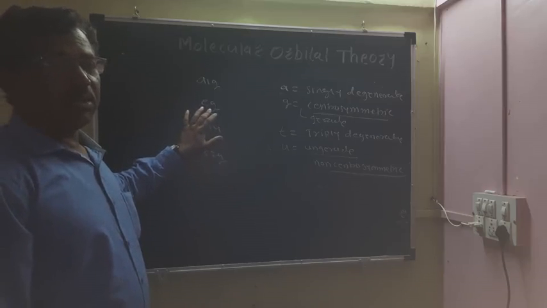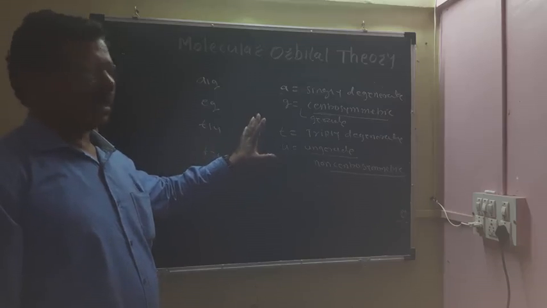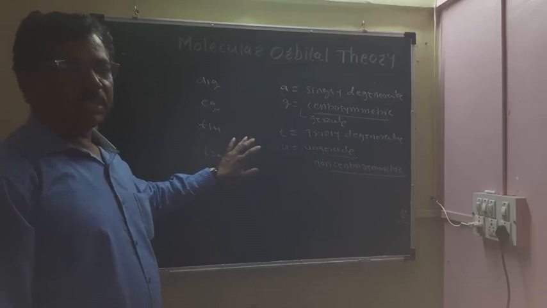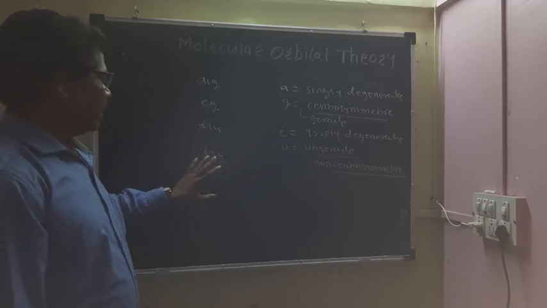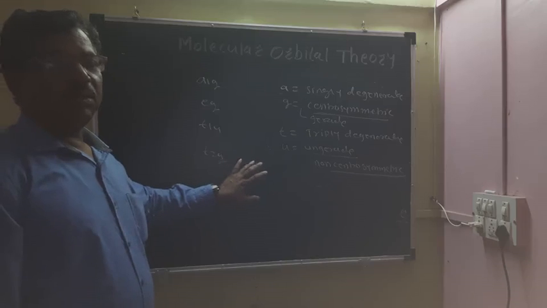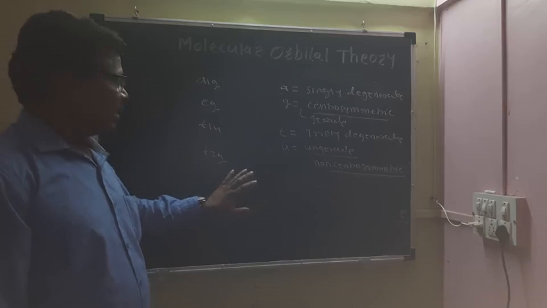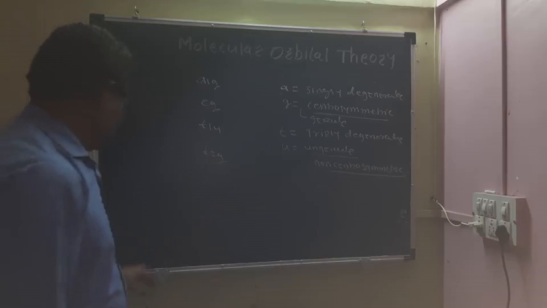E means doubly degenerate: the dx²-y² and dz² orbitals have the same energy. T1u means triply degenerate: the 4px, 4py and 4pz orbitals have equal energy. T2g is triply degenerate: the dxy, dxz and dyz orbitals, and it acts as a non-bonding orbital.